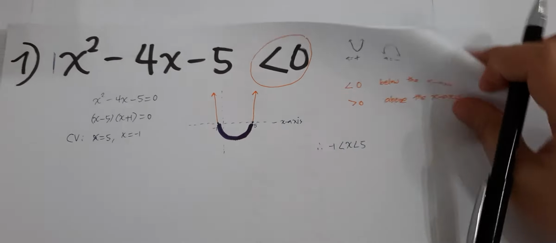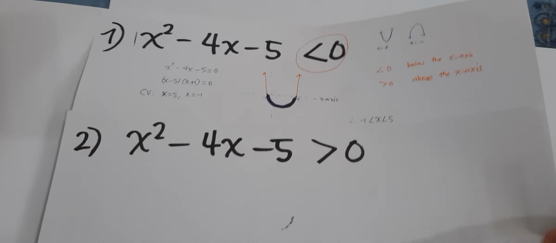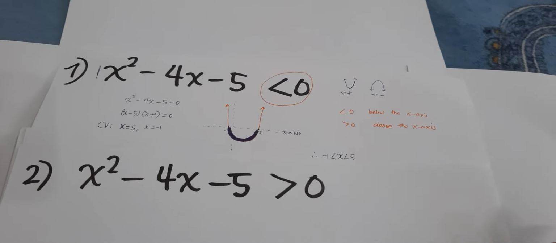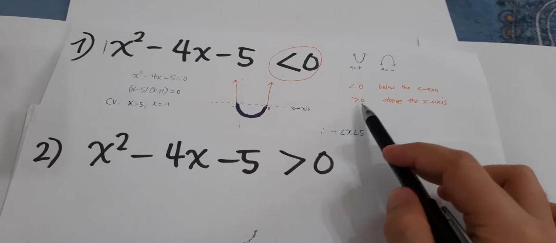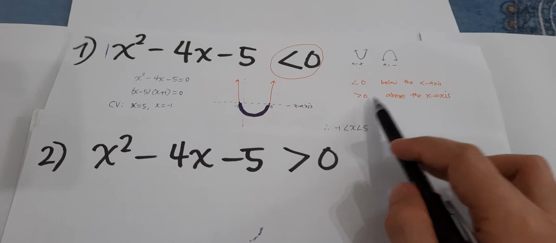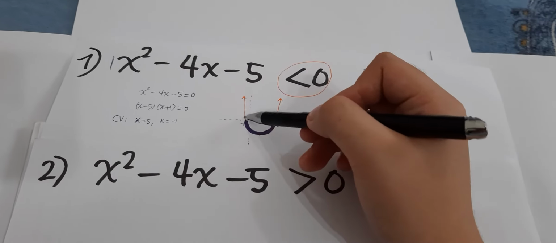Now, let us have the second example. In your second example, we have the same given. However, here we want greater than 0. Okay, so if it's greater than 0, we will take above the x-axis. So what is above this value?